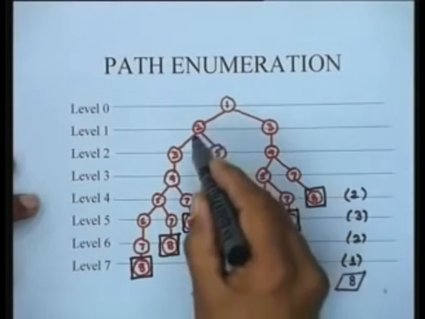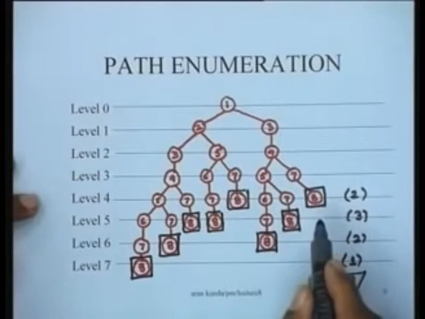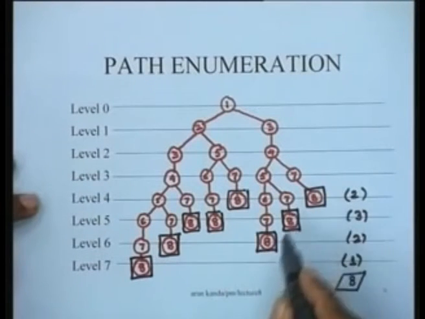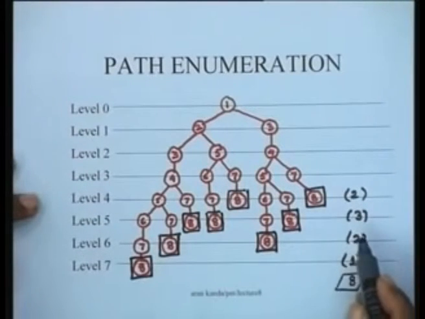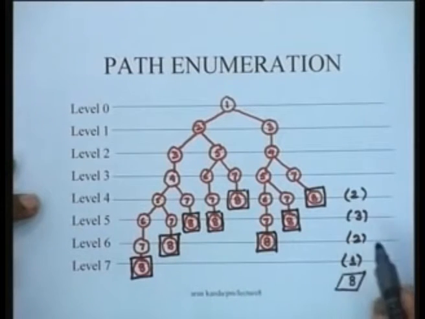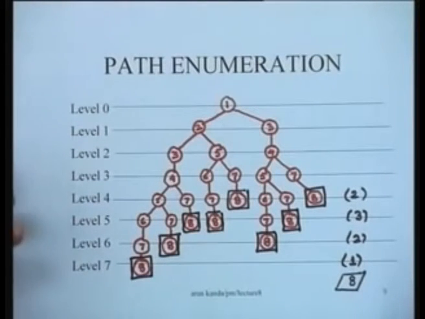We could also keep track of the individual path lengths and determine which of these 8 paths is the longest, which is the shortest, and so on, and in this process we could determine the critical path.